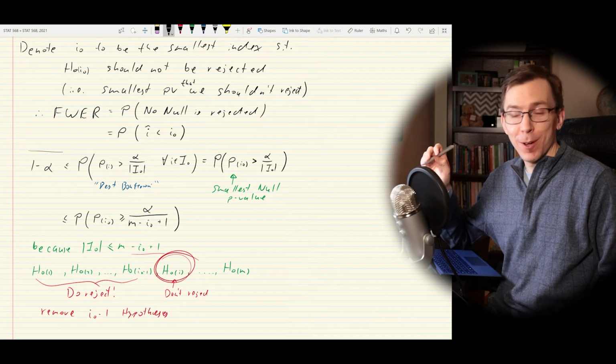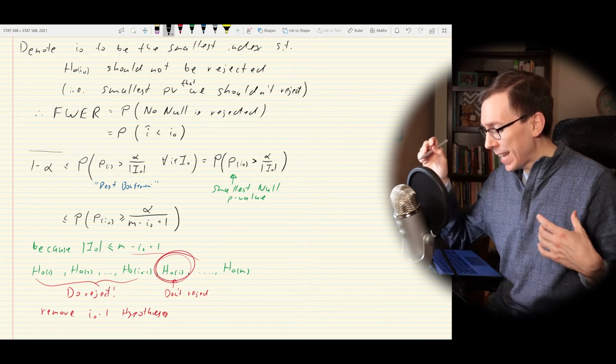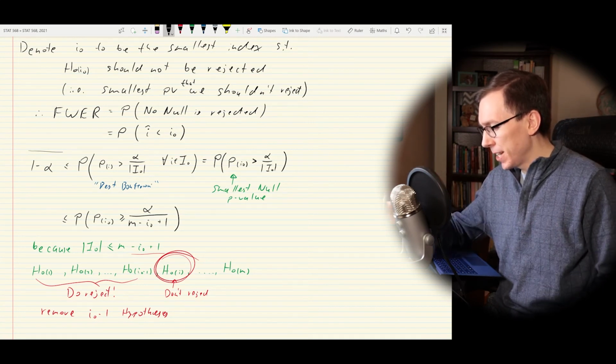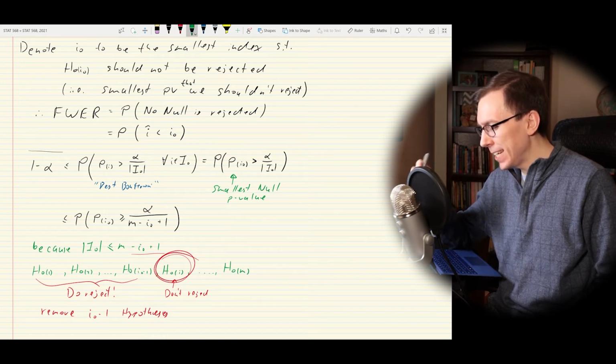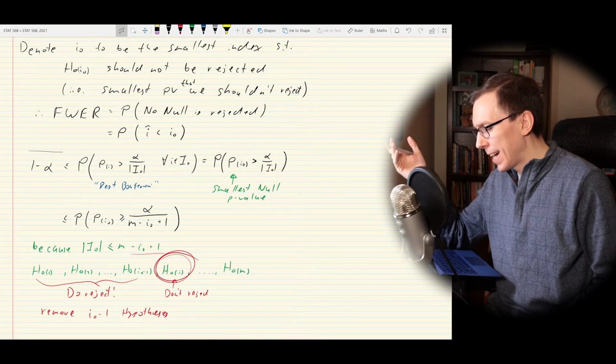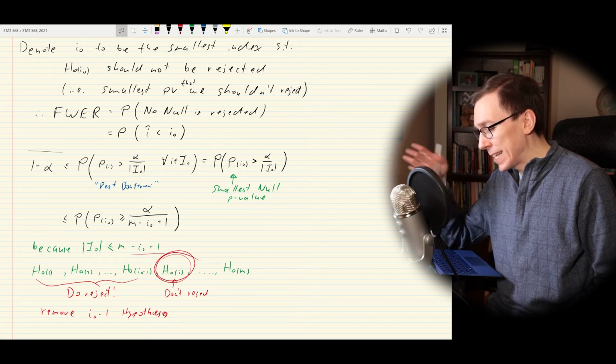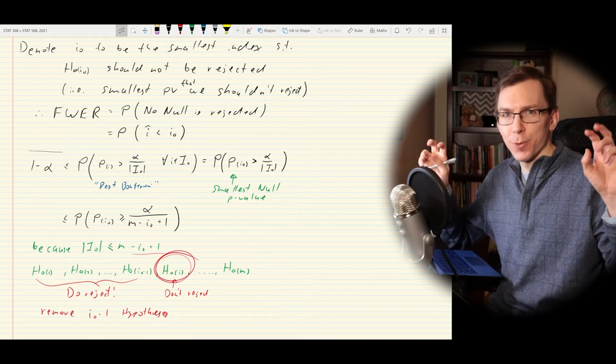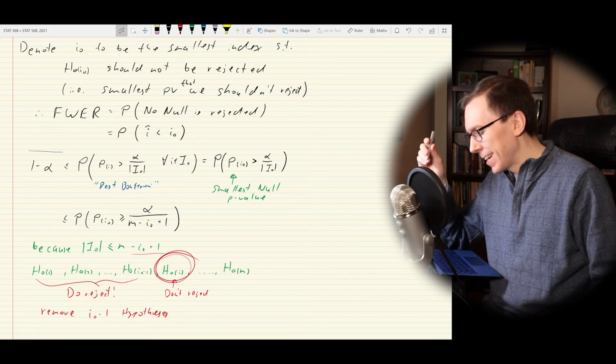All right, so where were we? I should change this to a less than or equal to here in green, because I'm throwing out I naught minus 1 hypotheses, but the rest of them could very well be true nulls, I guess you could say.